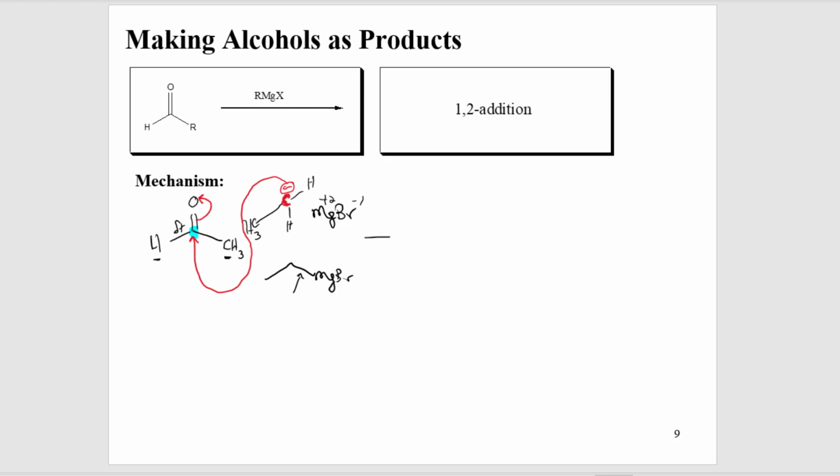This is the first step of my 1,2 addition, my in-up. Hydrogen to carbon to methyl to O-, and I've just added the red carbon with the CH3. So this is CH2. There you go. I've just made a new carbon-carbon bond.